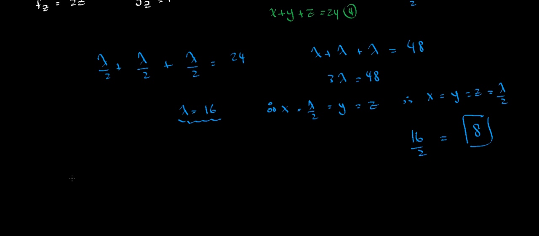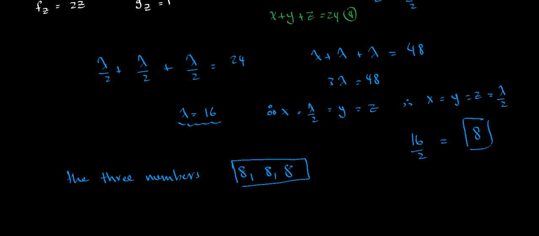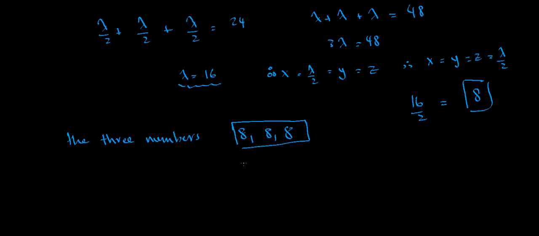And the three numbers are 8, 8, and 8. So 8 plus 8 plus 8, you're going to get 24. And when you add the squares of these numbers, you're going to get the lowest possible value. So this is the final answer.